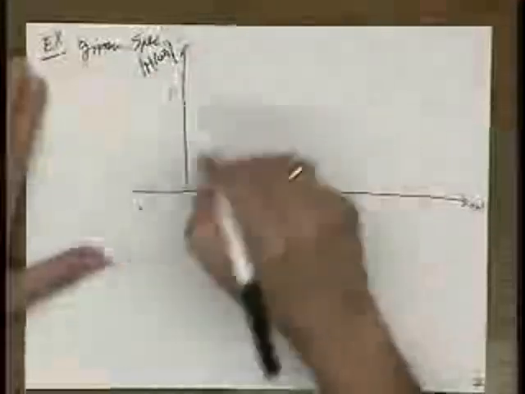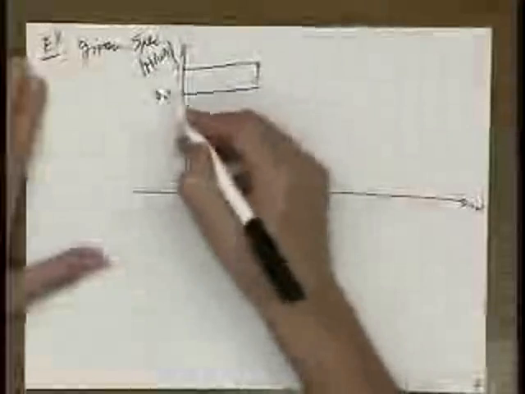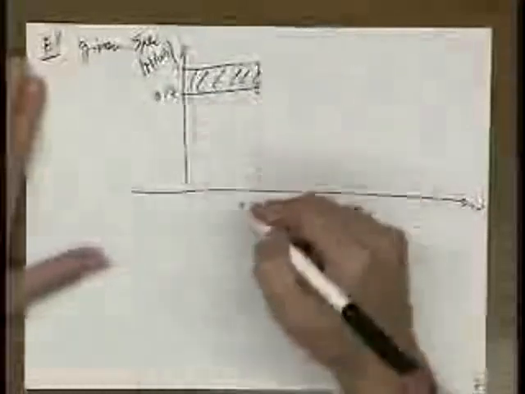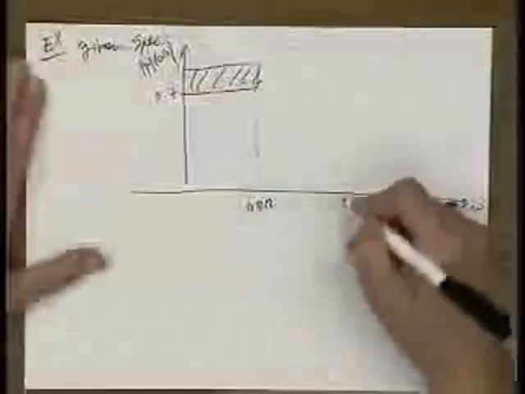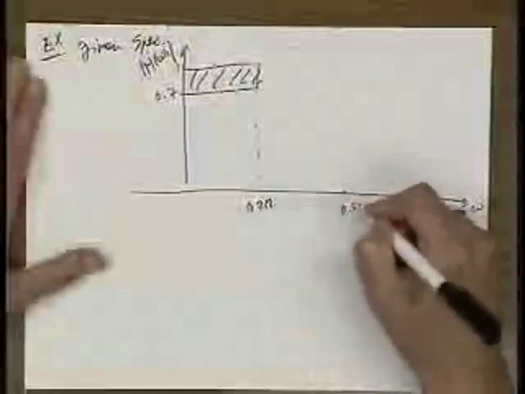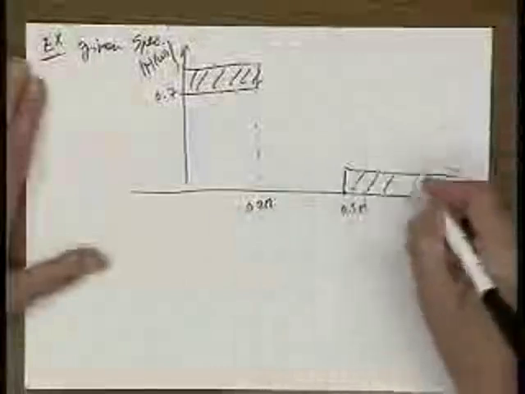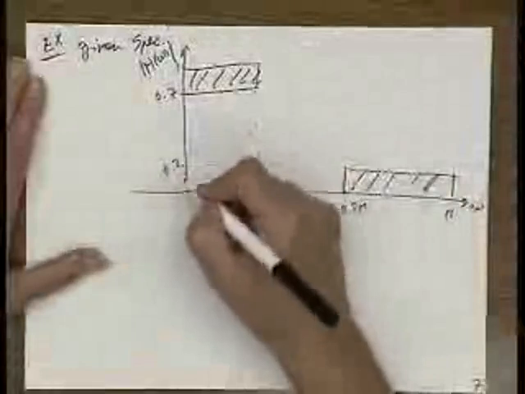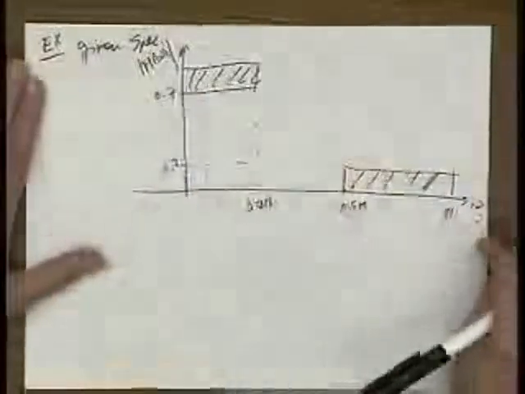magnitude of H of omega, that's supposed to be between 1 and 0.7. And it's supposed to have ripple of 0.2 from 0.5 pi onwards.